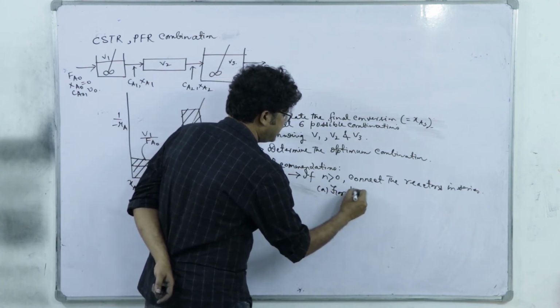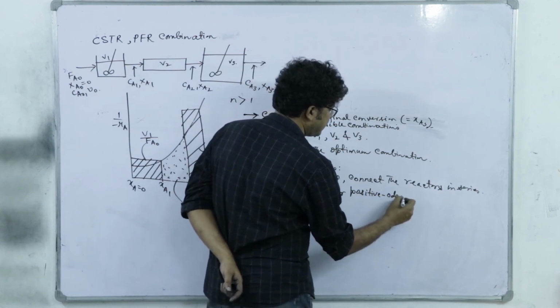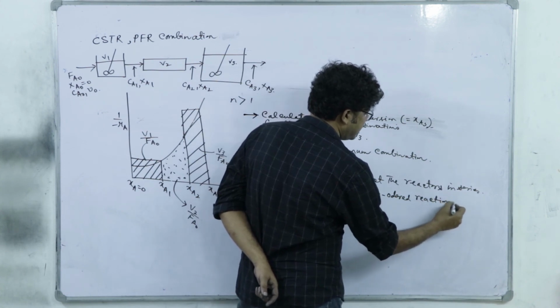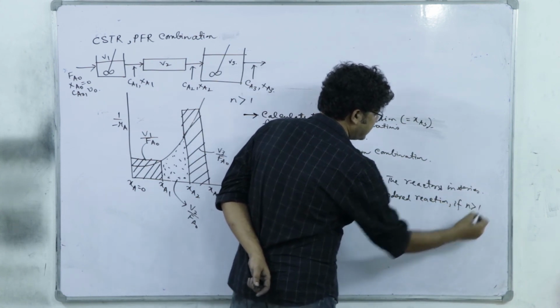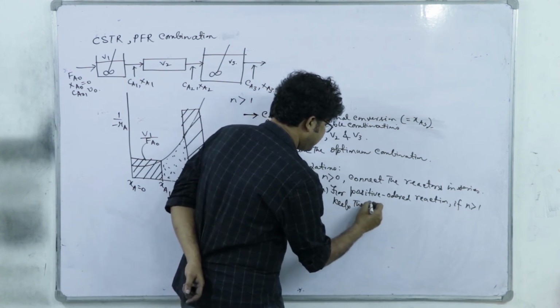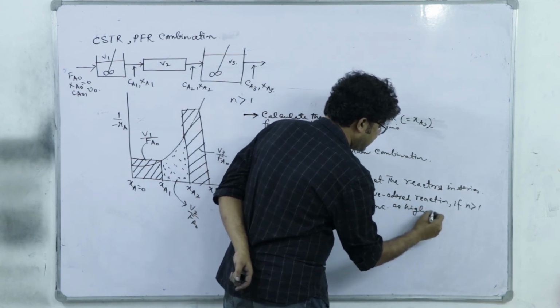For positive order reactions, if n is greater than 1, keep the concentration as high as possible.